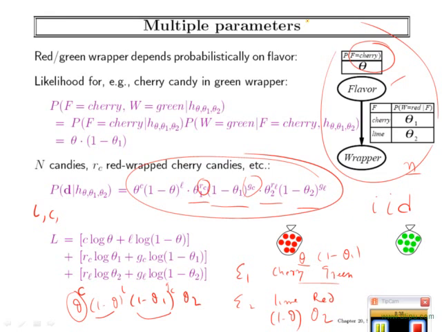So all you're doing now is to say that I should set these parameters to those values that will make this expression maximum. Right? Okay, for different values of theta, theta 1, theta 2, you get different numbers here.